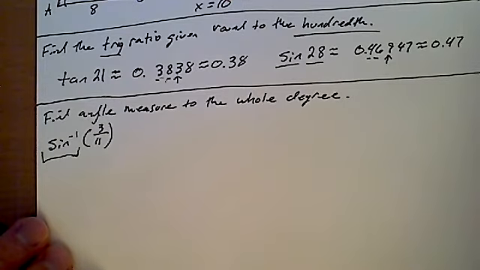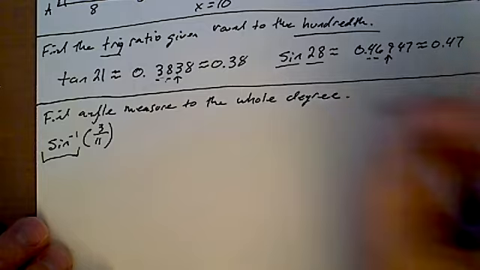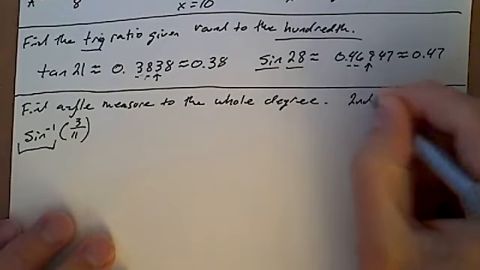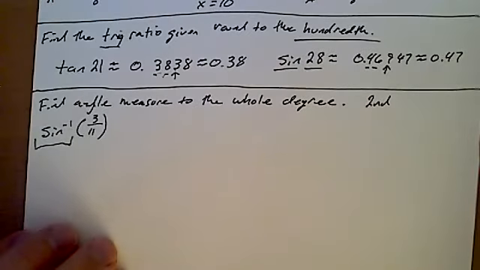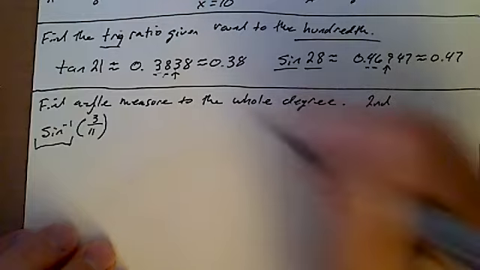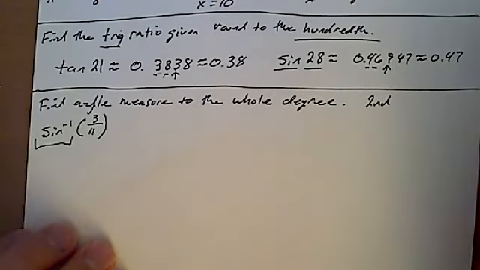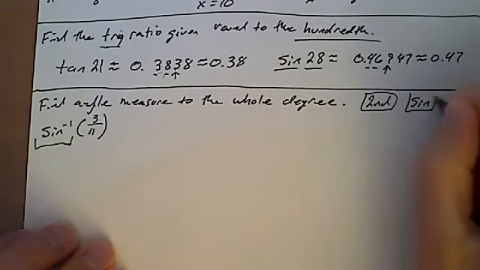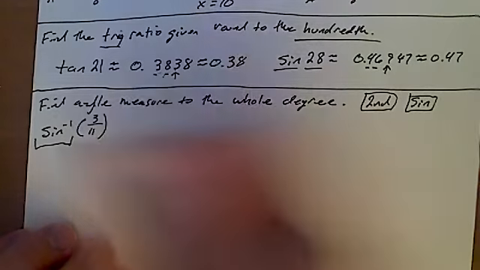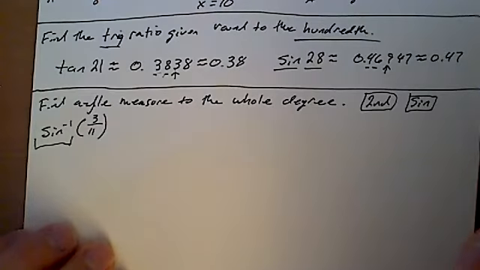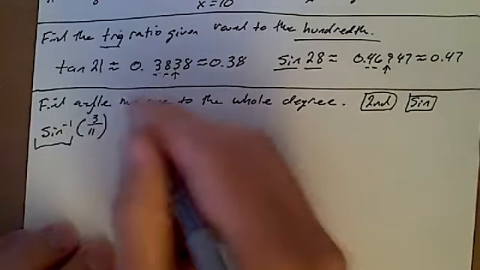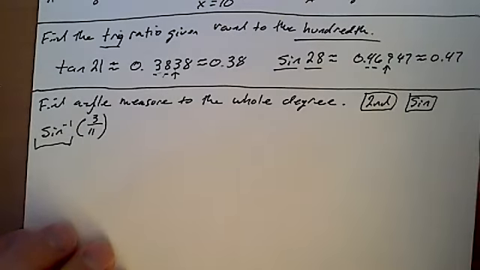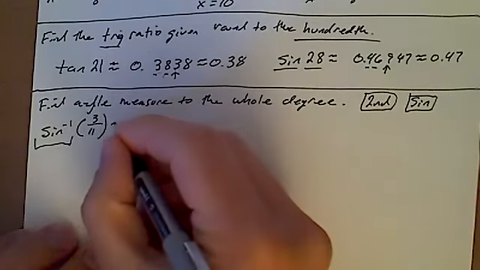On a regular calculator, there's a second button, usually in the top left-hand corner area. You would press that, and then the regular sine button, which will give you the sine inverse. So sine inverse 3/11, again, it's just typing that into your calculator.